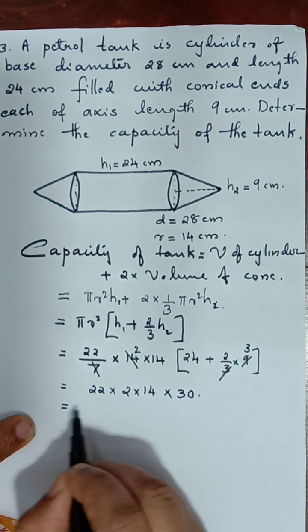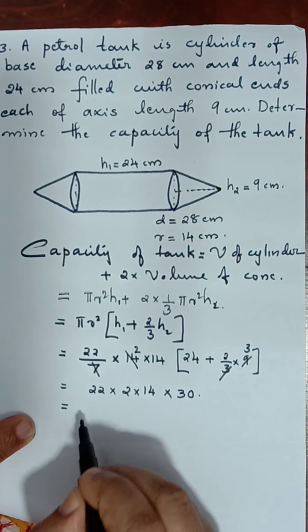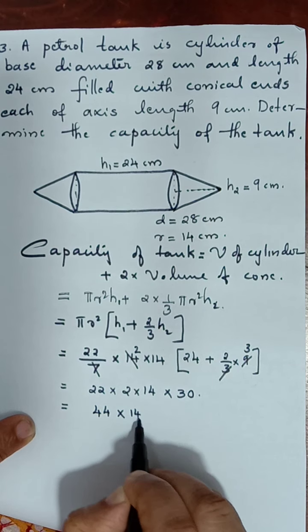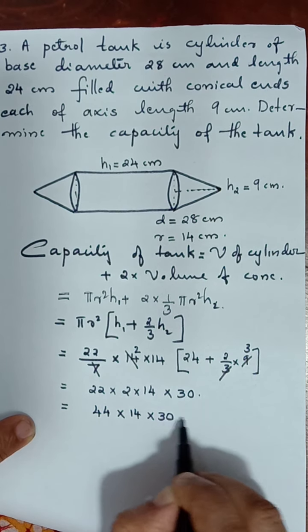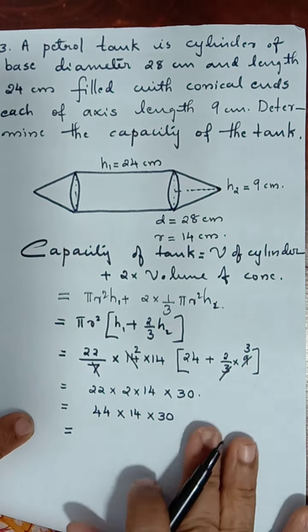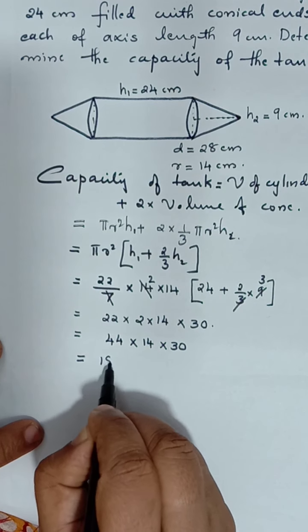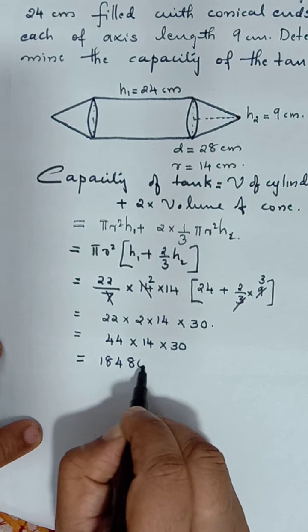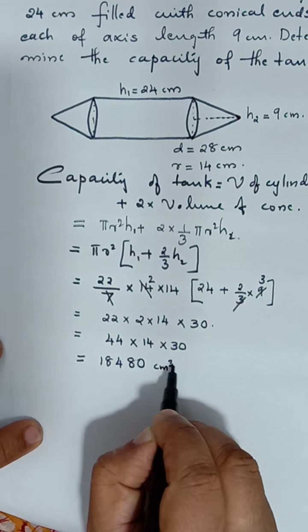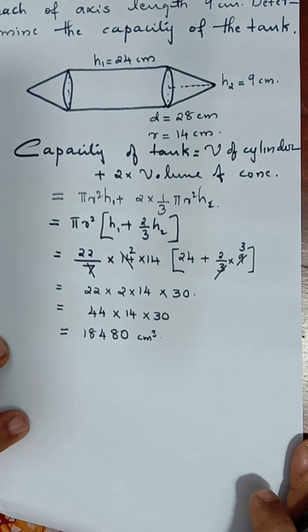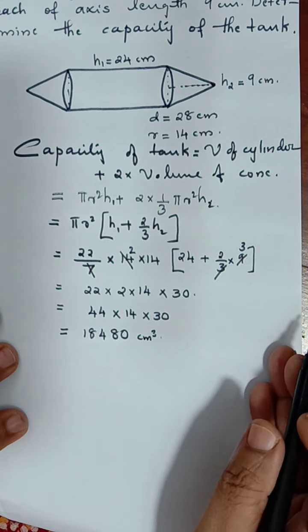Here we have to multiply 22 into 2 becomes 44, into 14 into 30. All this we have to multiply. We'll be getting it as 18,480 cm cube. So this value, we know 1000 cm cube equal to 1 liter.